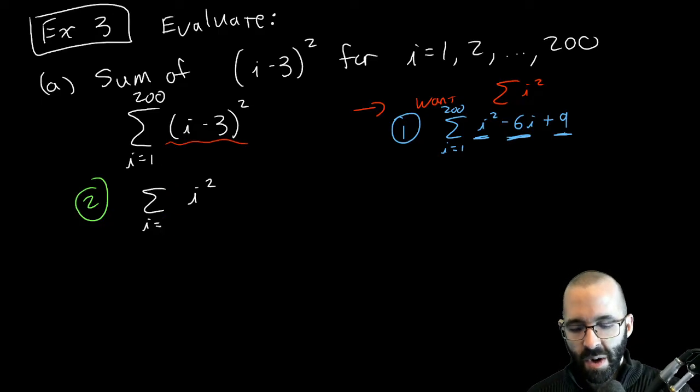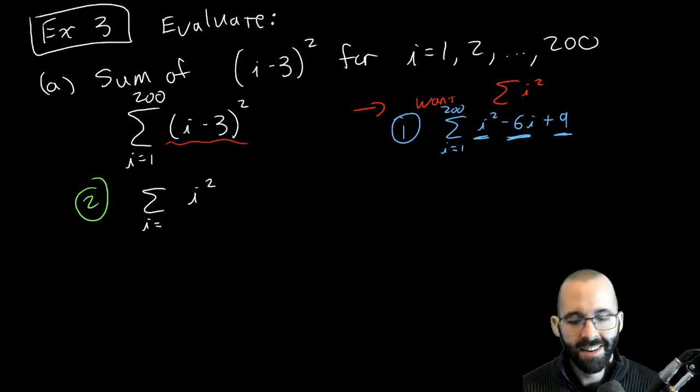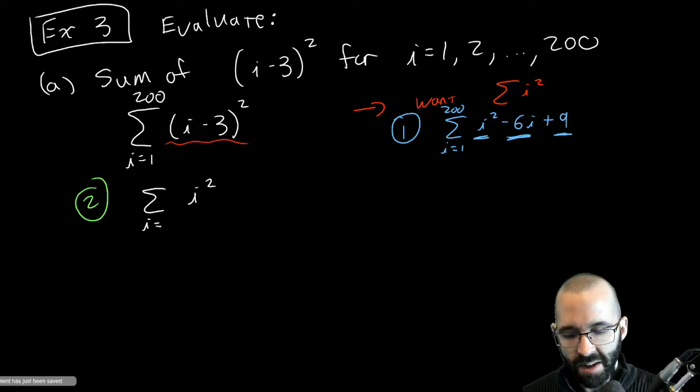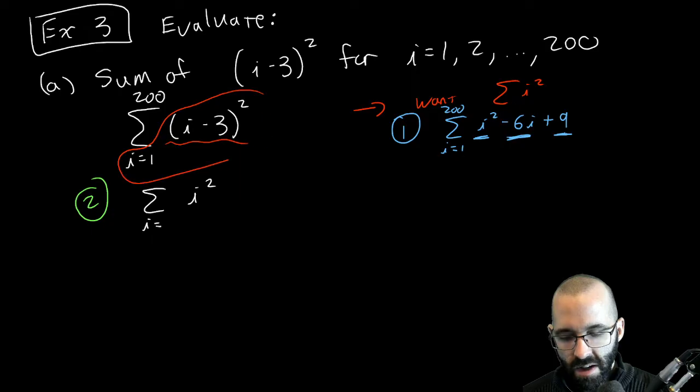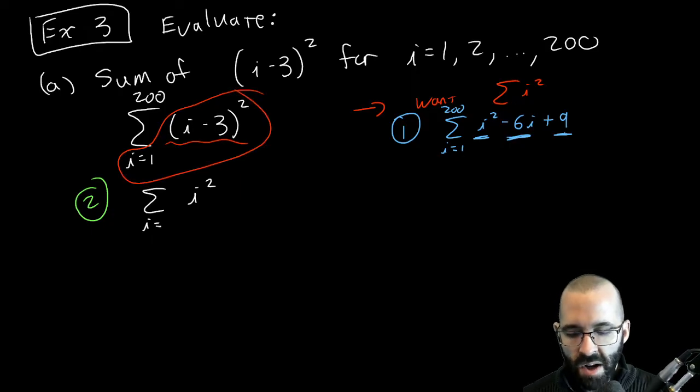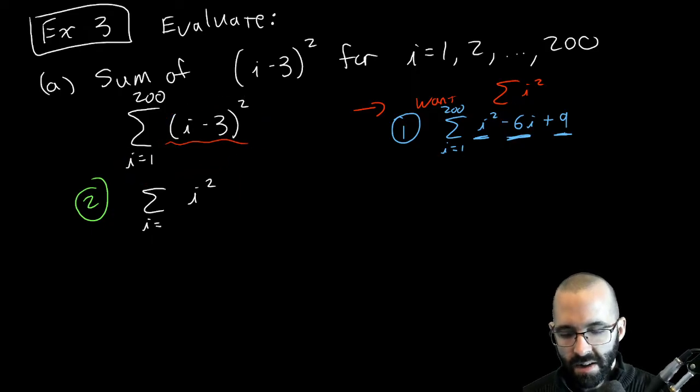we have the sum of I squared right now. Why is that? Because let's look at the first term here. What's the first term here? First term is when I is equal to 1, it's negative 2 squared. Okay, that's negative 2 squared.